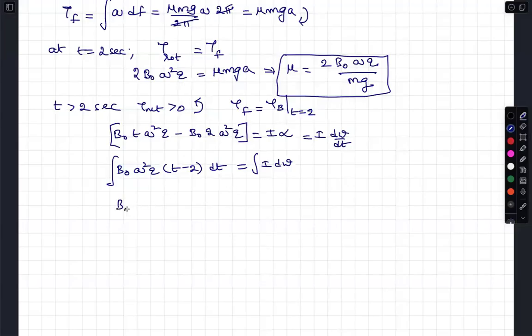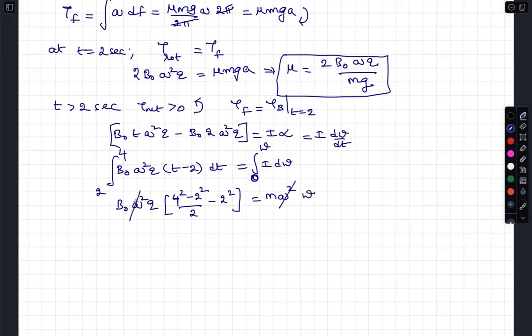Now, at t equal to 2 seconds, omega is 0. You need to do the integration from 2 to 4. Don't forget that. So B naught a square q times (4 square minus 2 square by 2, minus 2 times 2) is m a square omega.